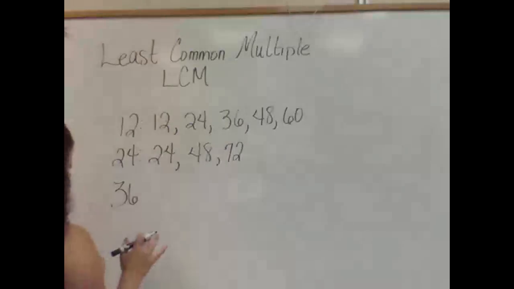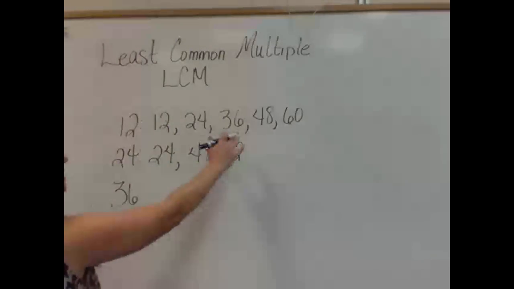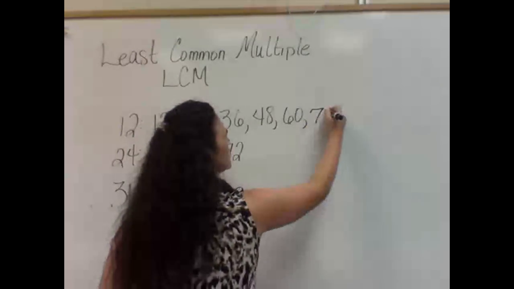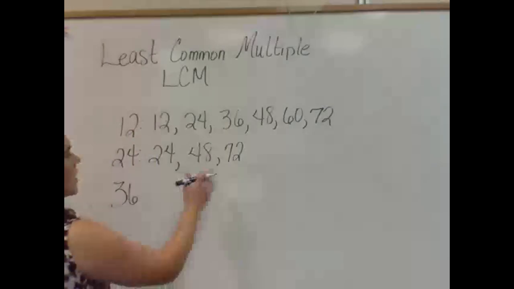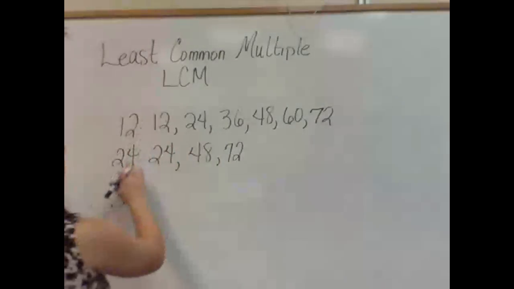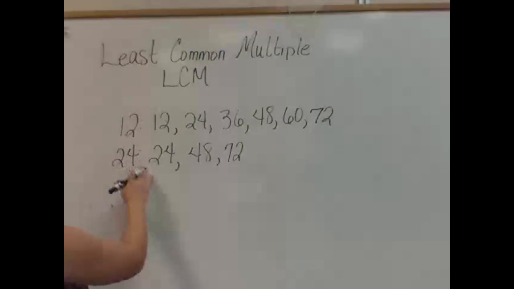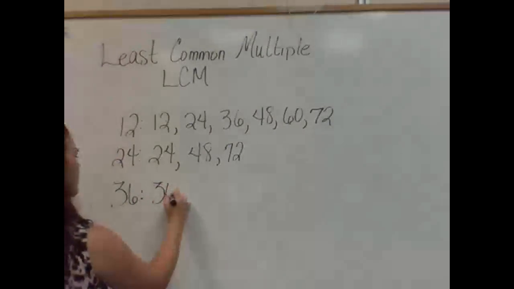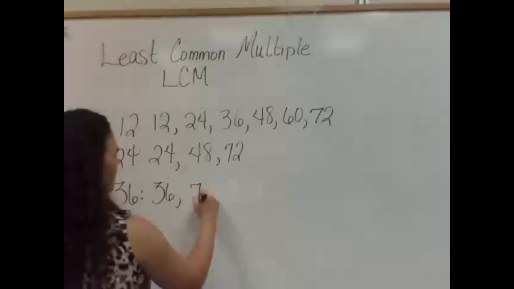Okay, I'm going to stop there. I'm already above this one. Let's go ahead. 12 more to this is 72. Okay, so now I have a couple of common multiples for 12 and 24. Let's do 36. 36, and then 72.